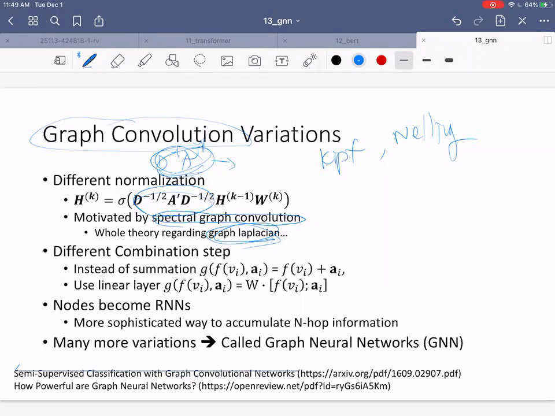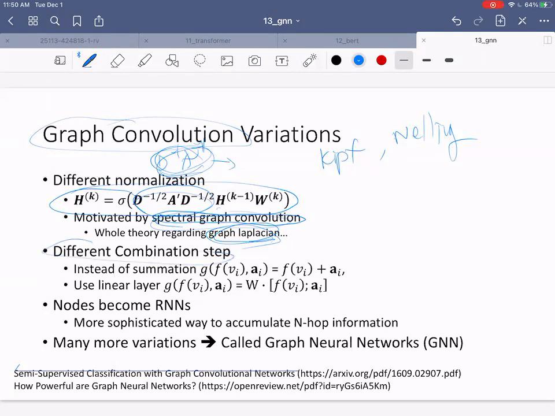But we won't go into detail. It's very complicated stuff that I don't really know the details of. Anyway, just suffice to say that graph convolution has a lot of theory behind it. And actually, this is a crude approximation of the spectral graph convolution, and it works pretty well in practice because it's neural networks.